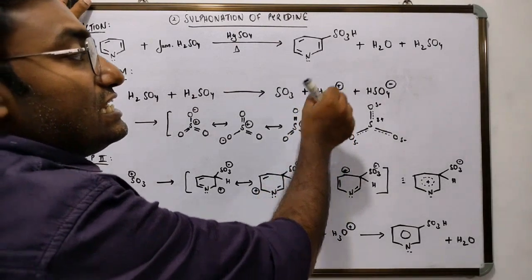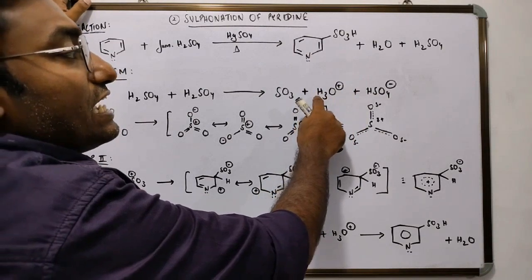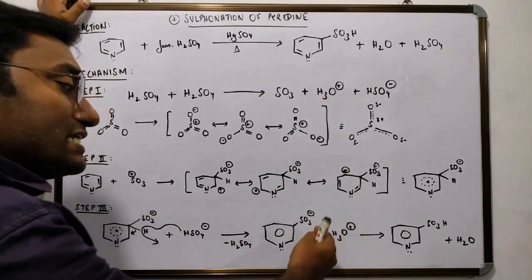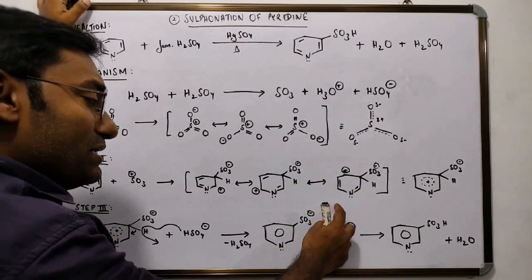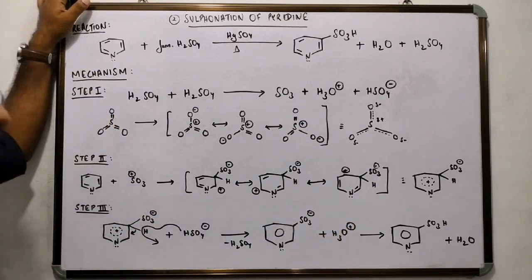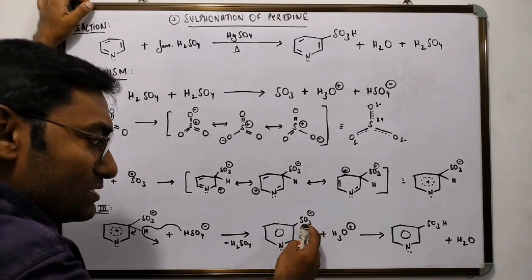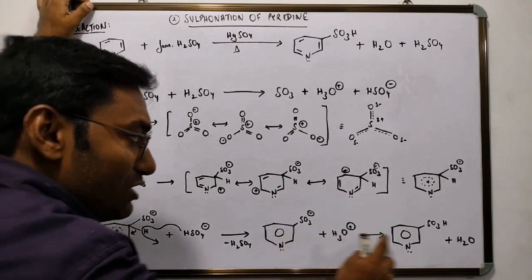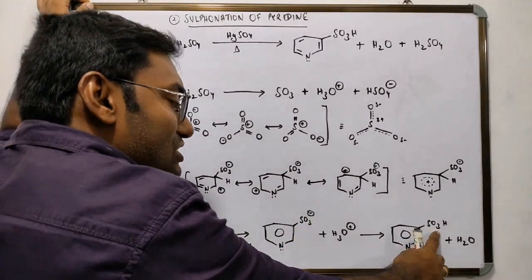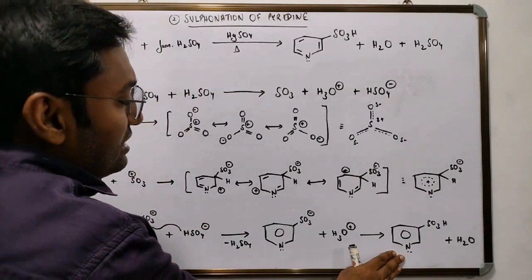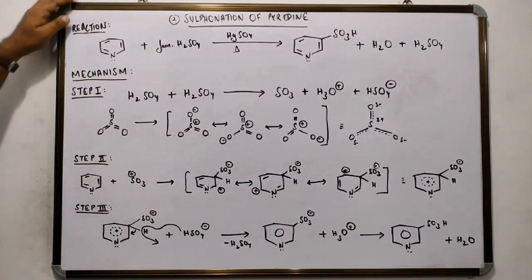It acts as an anhydrous acid because it can emit H plus from H2O. Therefore, it emits H plus. The emitted H plus acts as a Lewis acid. It can accept a pair of electrons, and it accepts a pair of electrons from SO3 to become SO3H, and thus the formation of pyridine 3-sulfonic acid.